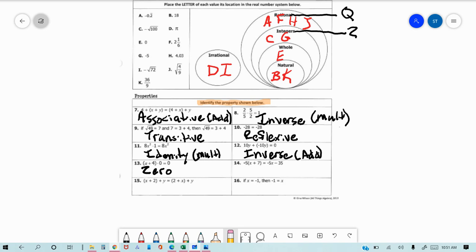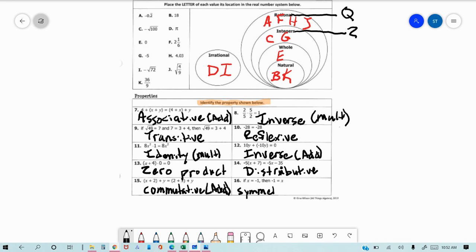Zero product. 14 is distributive. 15 is commutative, but it is commutative of addition. And then 16 is symmetric.